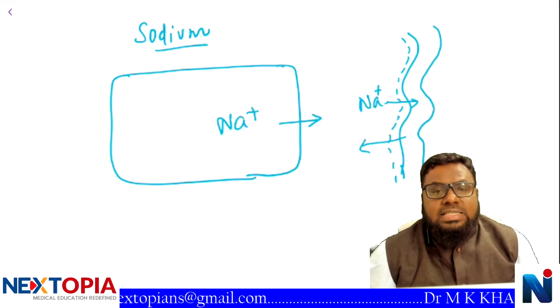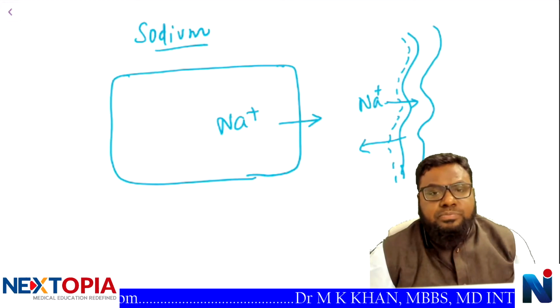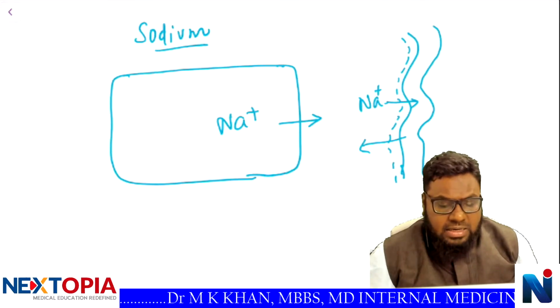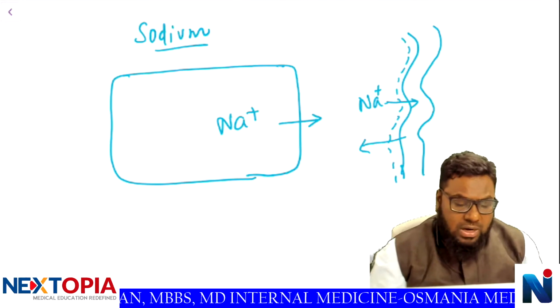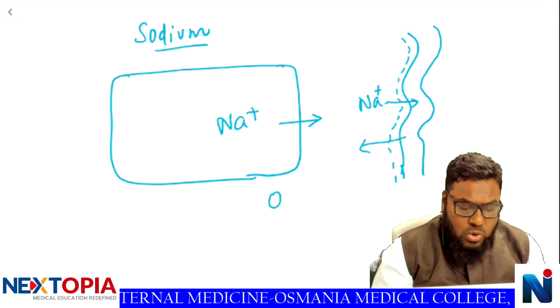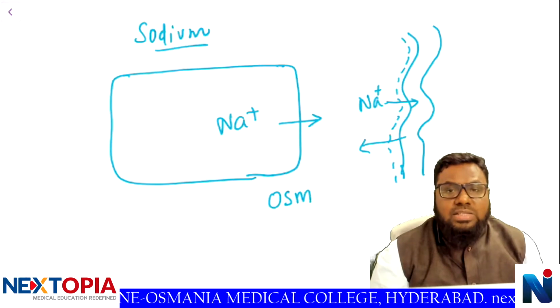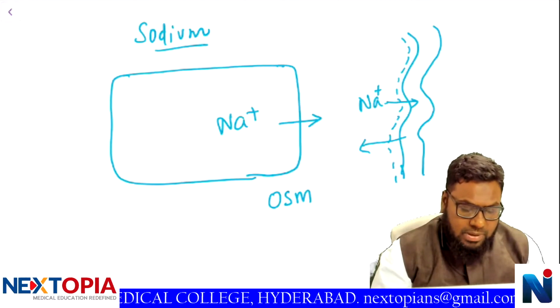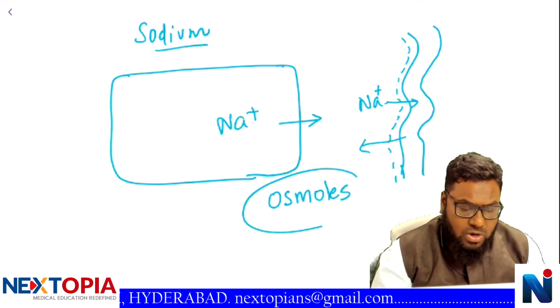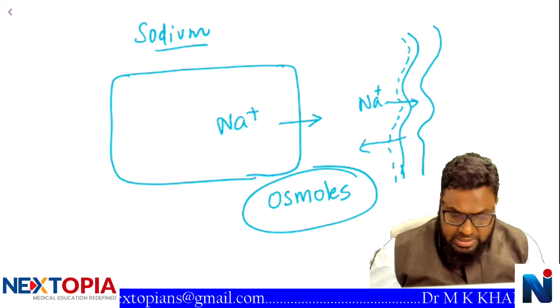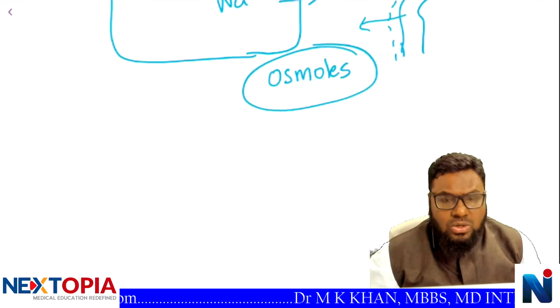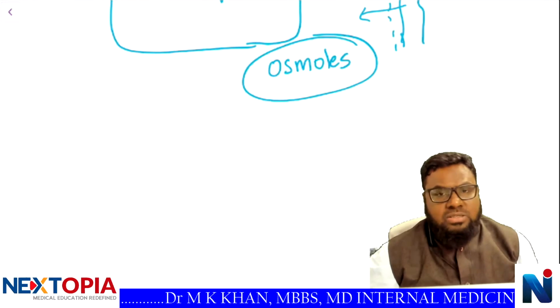So sodium can easily cross a capillary membrane, and hence sodium can be called an effective osmole of the capillary or vascular compartment or extracellular compartment. An osmole is a solute which determines the concentration across the membranes, right?